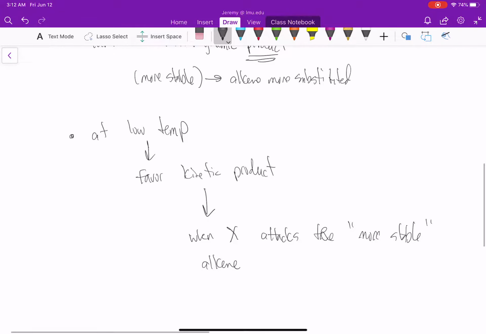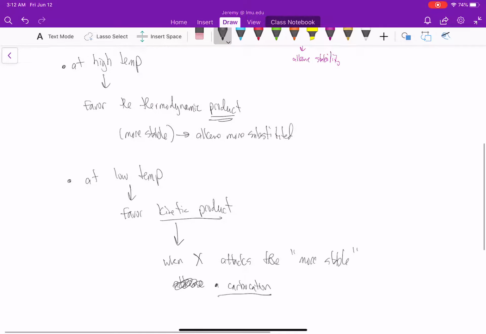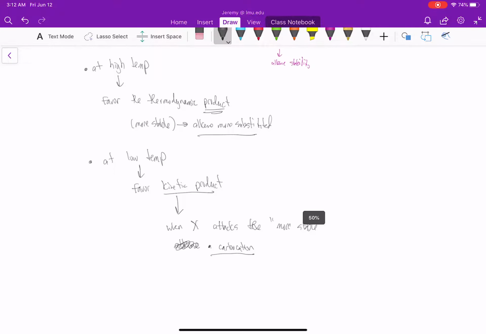So when X attacks the more stable, sorry, not alkene, the more stable carbocation, excuse me. So the kinetic product happens when you attack the more stable carbocation. The thermodynamic product is favored when you form the more stable alkene.